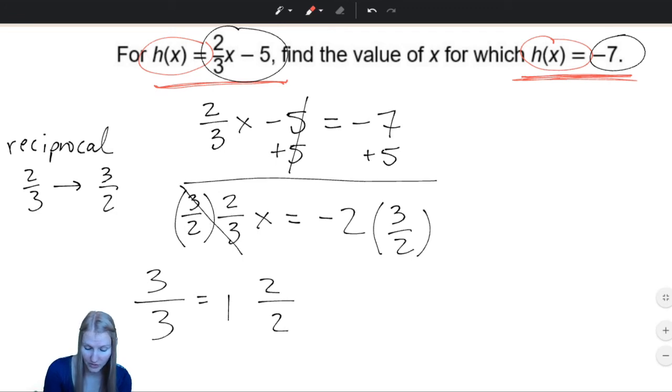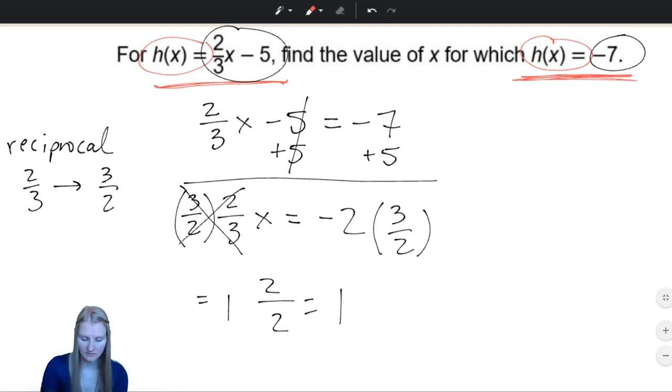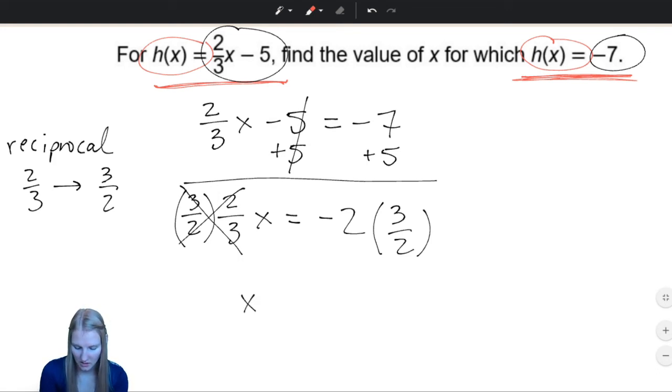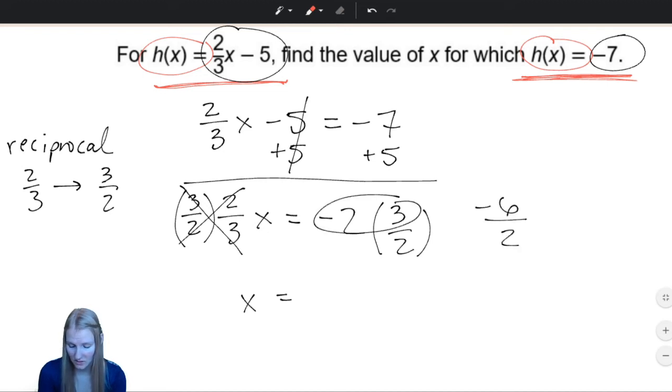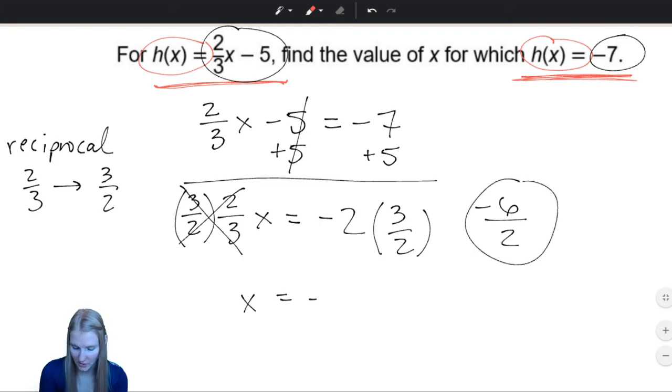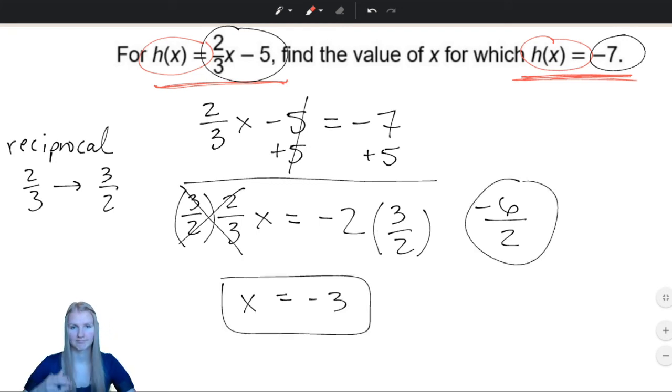And that also equals 1. So they go away. And then I can multiply. I have -2 times 3 is -6 over 2, and -6 divided by 2 is -3. That's one way to do it.